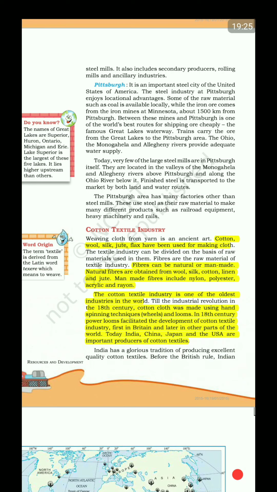Then we moved to the cotton and textile industry. We saw the word origin of textile, and we saw how flax is also an important ingredient, which we call alsi in Hindi. It is used to produce linen, right? The others being jute, silk, and wool, right?